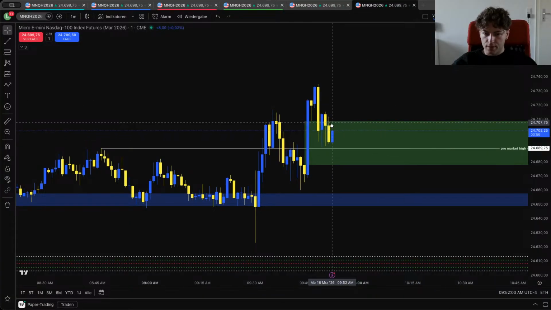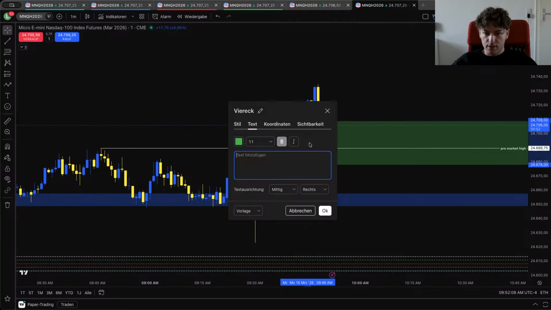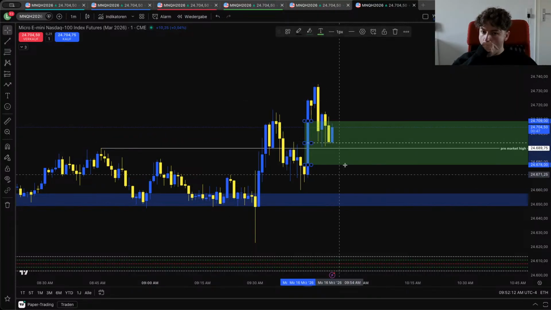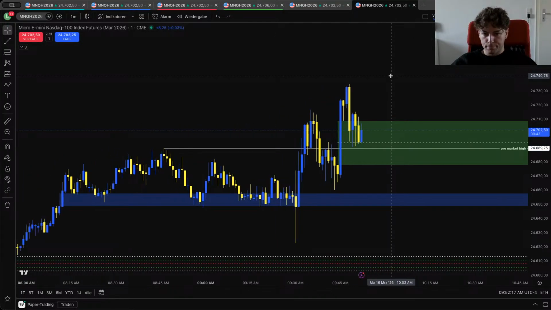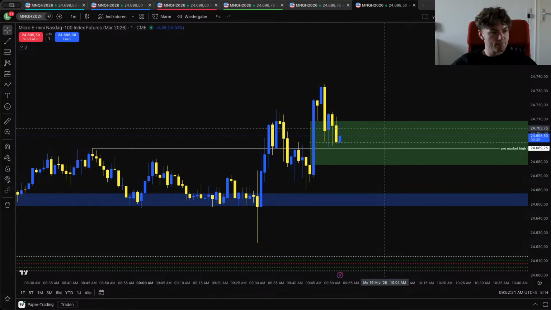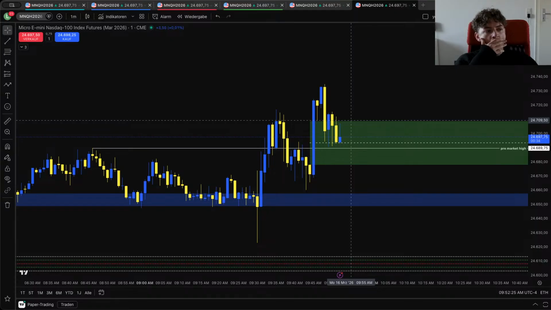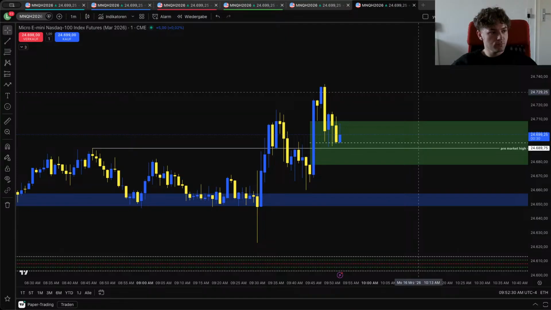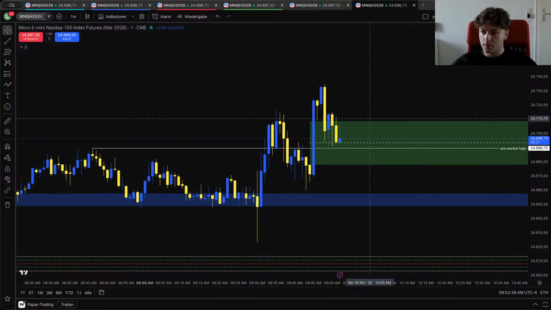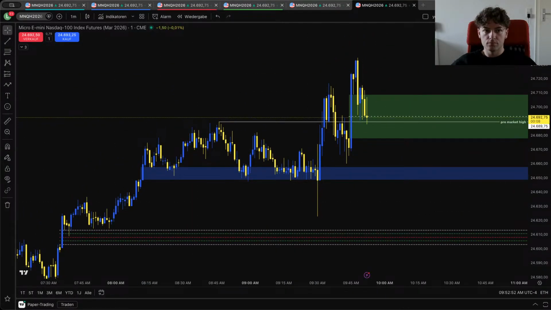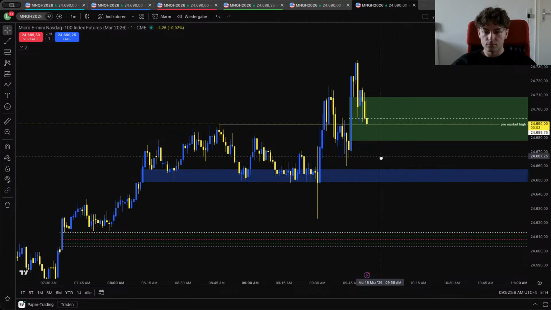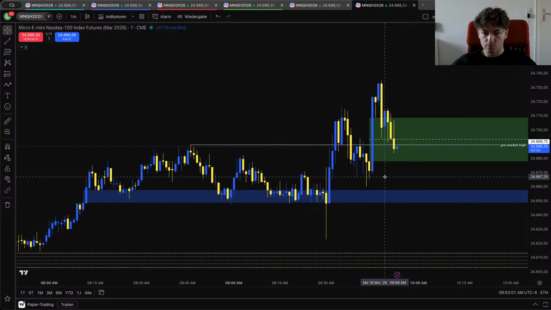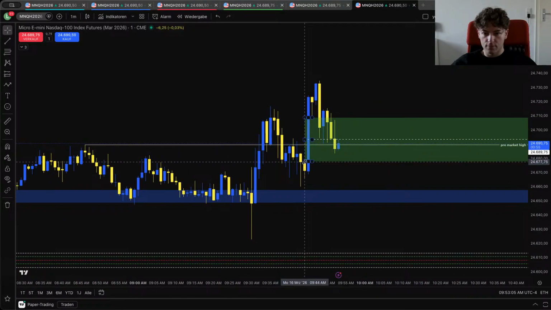Okay, price going deeper into the fair value gap, but still respecting the midpoint. Seems like we inverse the first percent fair value gap.